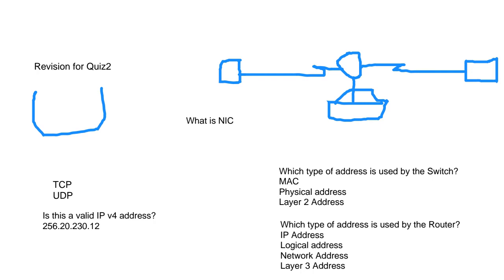Remember, I told you also, what do we call the PDU in the network layer? When the message is passing through the layers, in the application layer, it is called data.